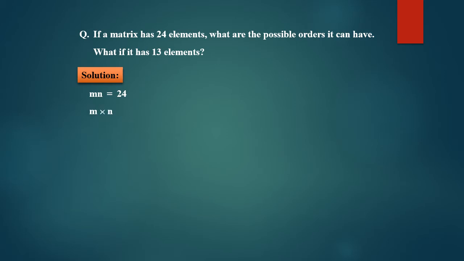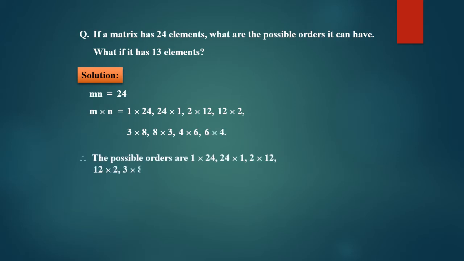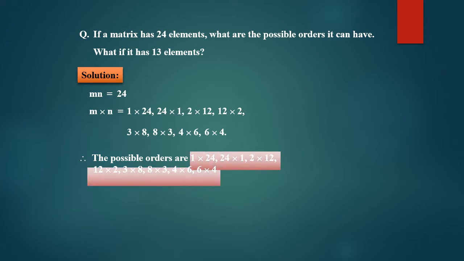So the first ordered pair will be 1 cross 24, next 24 cross 1, 2 cross 12, 12 cross 2, 3 cross 8, 8 cross 3, 4 cross 6 and 6 cross 4. So altogether there are 8 possible orders for a matrix with 24 elements.